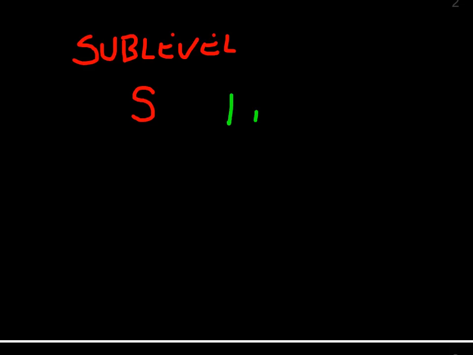Alright? So now, once you've defined what the sublevels are, another rule is that the sublevels are broken up into orbitals. The first sublevel I talked about was the S sublevel. The S sublevel has one orbital.